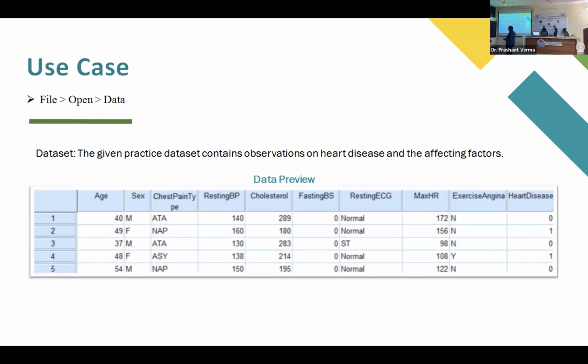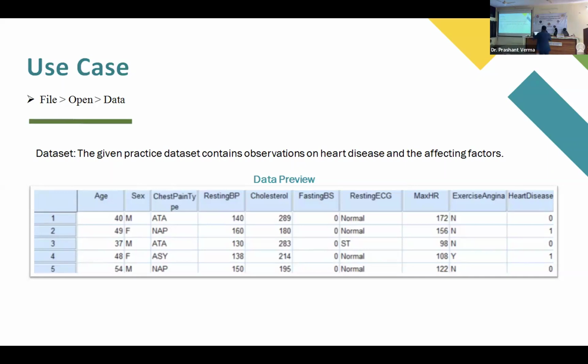Can it be fasting blood sugar if it contains 0 and 1 values? 0 means the patient does not have high fasting blood sugar, and 1 means the patient has it. We can model in that case also. But for this case, this is our output or target variable. Clear? Everyone has the data.